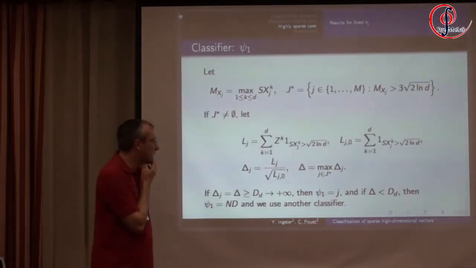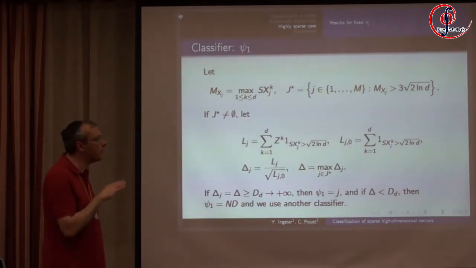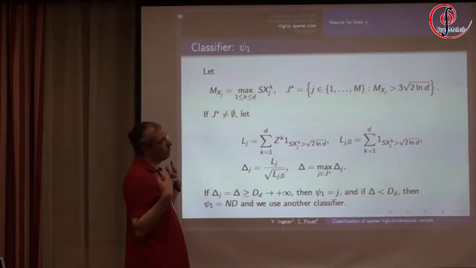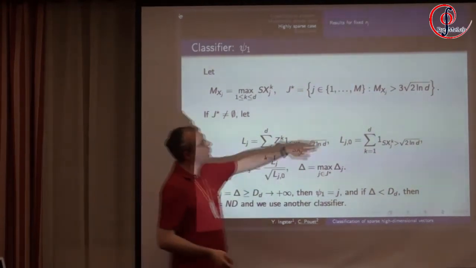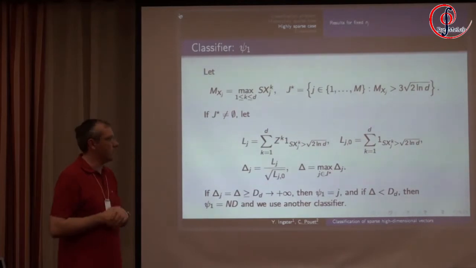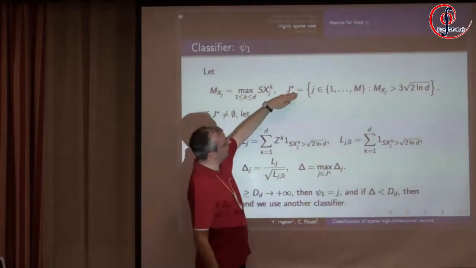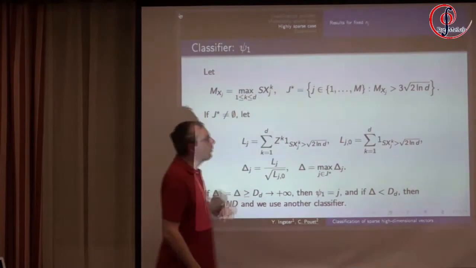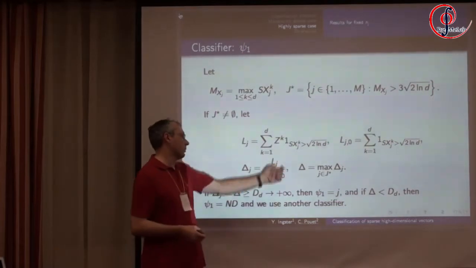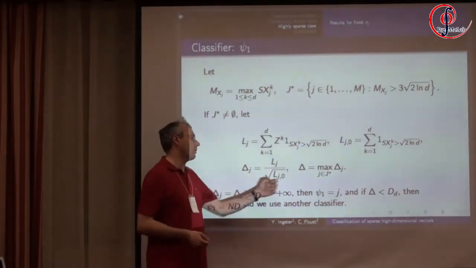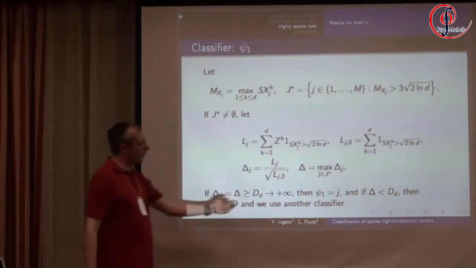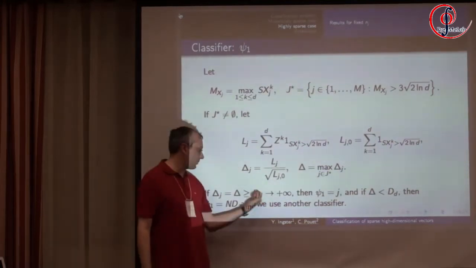And for the classifiers, we have to use several classifiers depending on the region. So the first classifier, in fact, is the usual one when you have a large signal. That is to say, you can detect, in fact, where your signal is, on which coordinates. So it's the usual, you have to detect which population corresponds to this type of setting, and then you can compute your classifiers. So you have to compute this delta, which is the maximum of this random set, and then you have to compare it with some level, which let this level go to infinity.